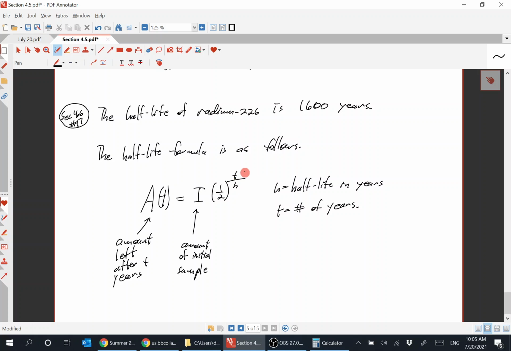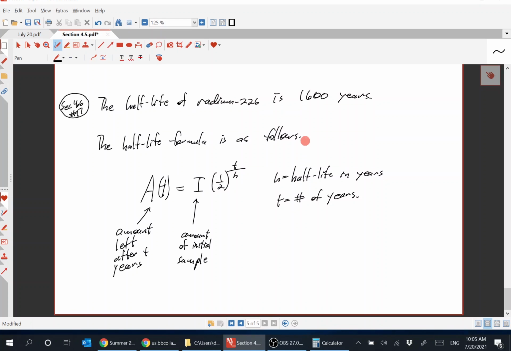So the initial sample is reduced by half, and then by another half. Half of a half is a quarter. For 4,800 years, that's 3 half-life periods. The amount left is half of a half of a half, which is an eighth, so the initial sample over 8. That works for any number of years.